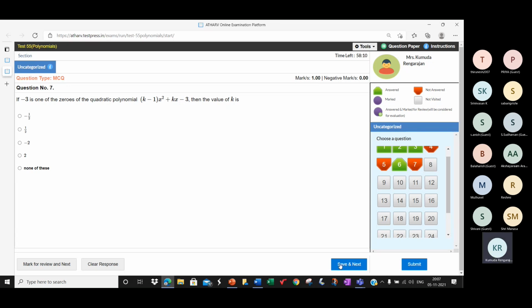Equate the polynomial to 0 and find the value of k.